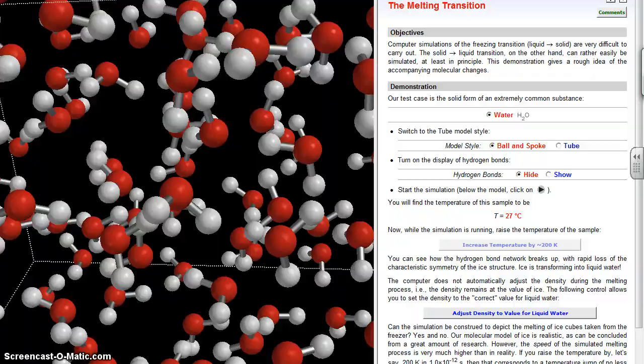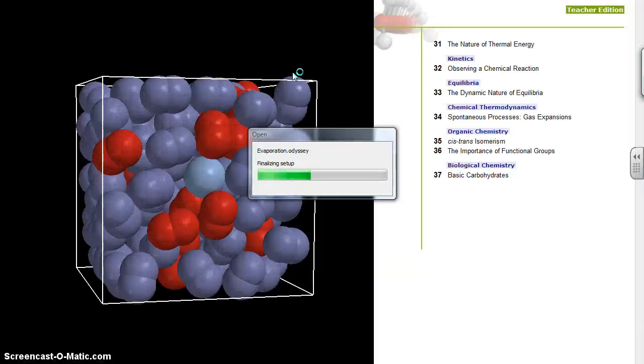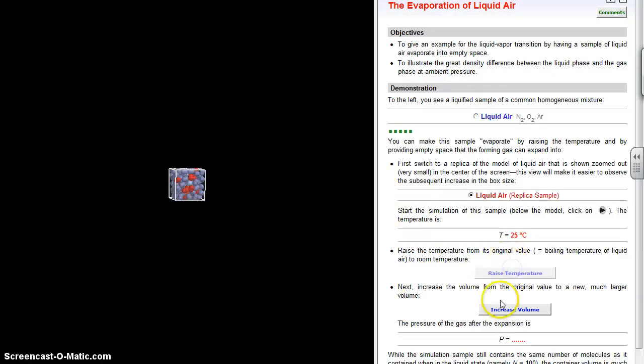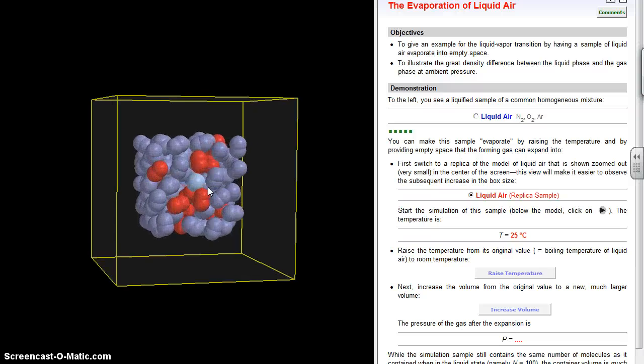Similarly, if we were to take something and evaporate it, say that we have some nitrogen and oxygen molecules here, and we zoom in and look at these things.